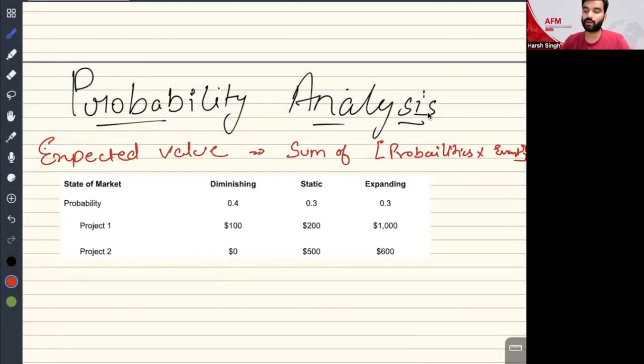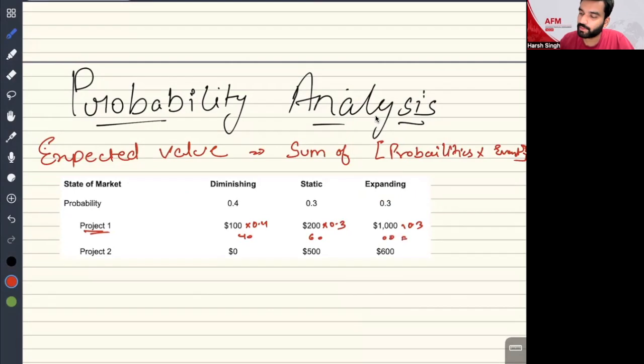Now, if we have to find out the expected value of, let's say, project 1, how will we find that? 100 into 0.4, 200 into 0.3, 1000 into 0.3. This will be equal to how much, everyone? 100 into 0.4 is 40, 200 into 0.3 is 60, and 1000 into 0.3 is 300.